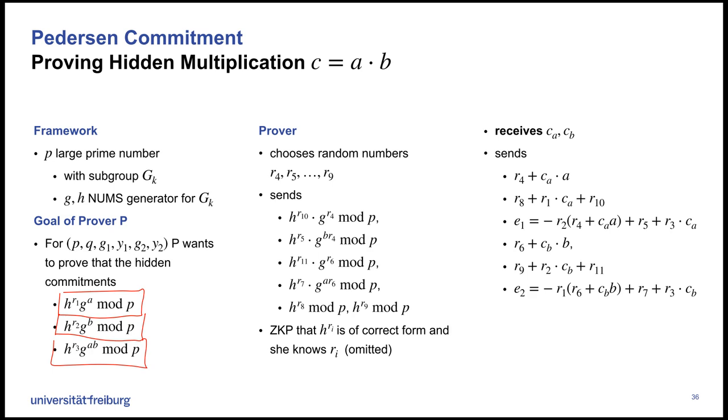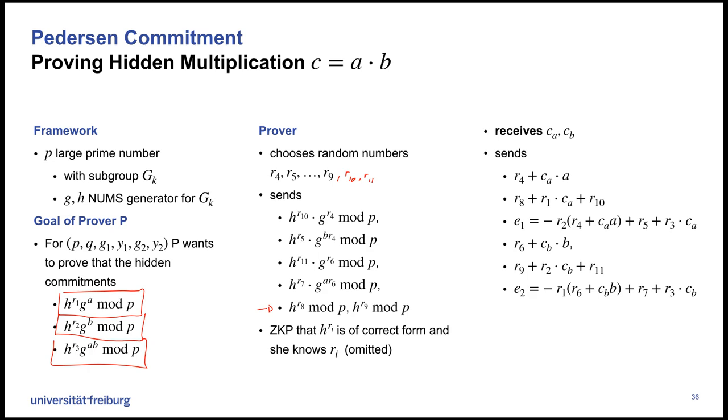So we need a bunch of random numbers. Basically, this goes now to 11. But it's constant. Yeah, that's a good thing. It's constant. But we have to send a lot of commitments at the beginning to show that we're working that. And so we have to prove that these commitments are in the correct form.